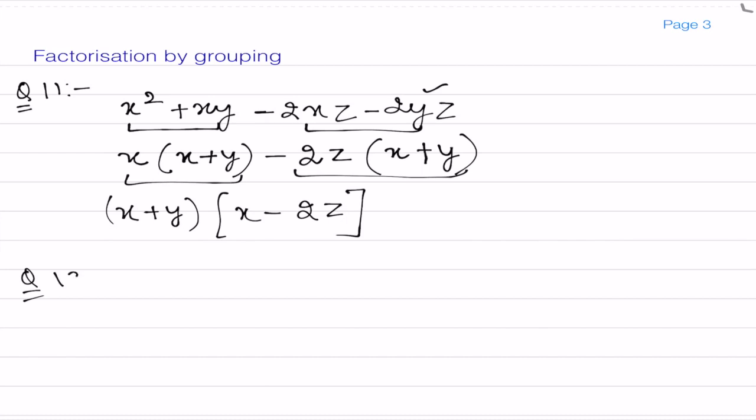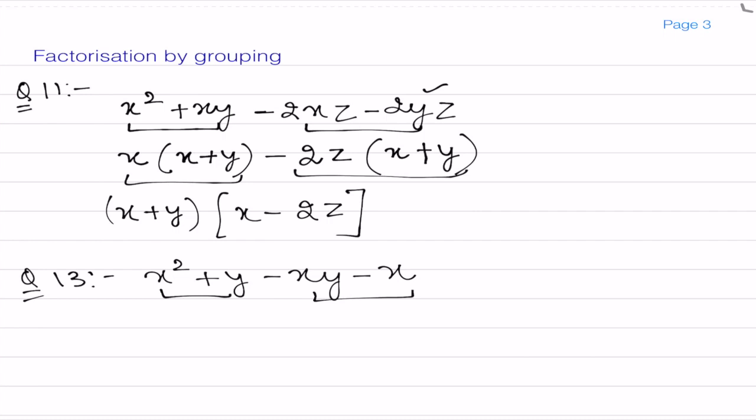We can take one more question: x square plus y minus xy minus x. Again, if I take the first two and the last two, in the first two nothing is common. So in this case, first we have to rearrange these terms.